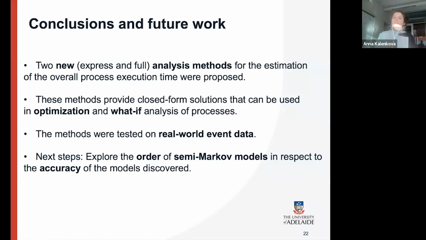So cases can actually be interrelated, and it would be interesting to consider queuing models, where we have a queue of orders, requests, or cases, and how this will affect the time and help in the analysis of the overall process execution time.